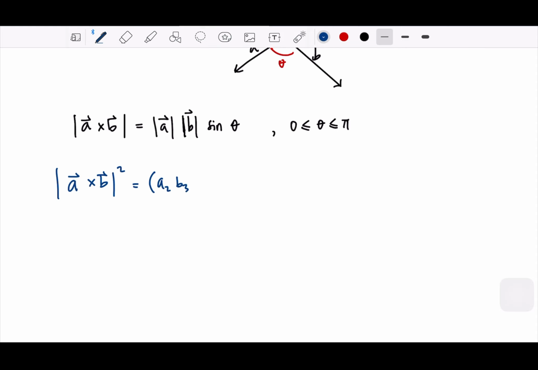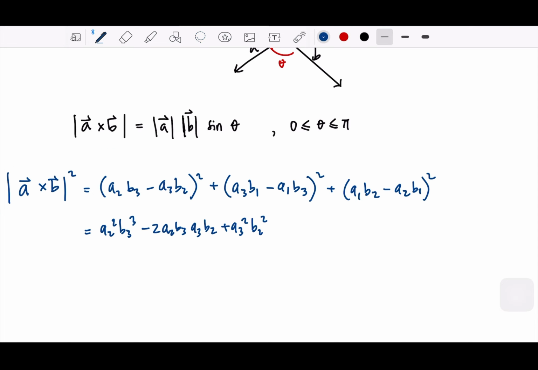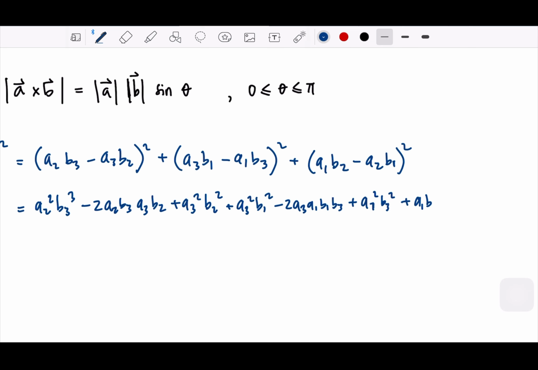That means that we are going to square all of this result. So we write all of the terms, and we calculate all the squares.